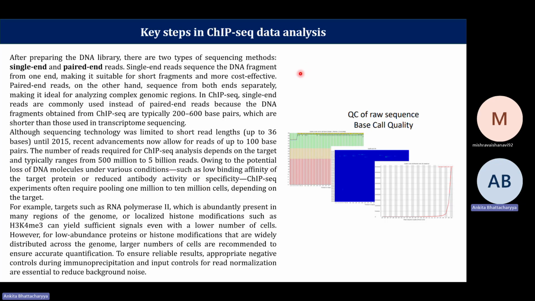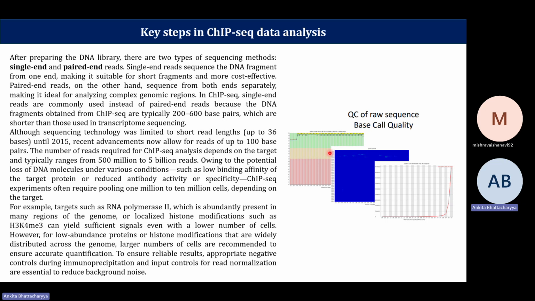So the first step, even in ChIP-seq data analysis, is after you have outsourced your samples and sequencing has been performed by some company, they get back to you with the results. What they'll give you initially are raw read files, much similar to the transcriptome data file, and you have to perform QC.